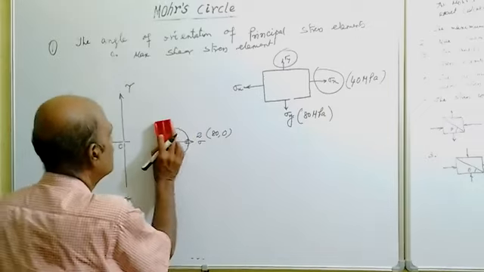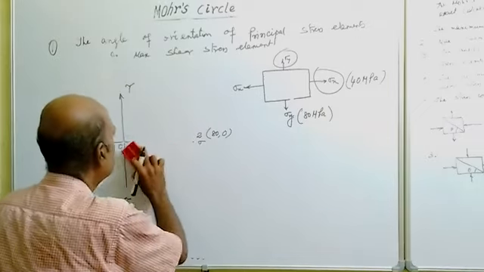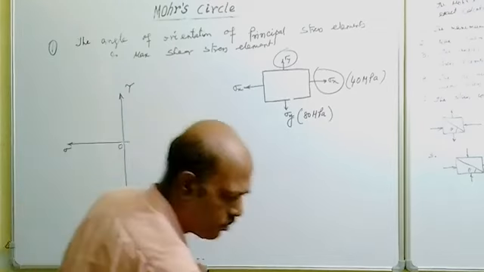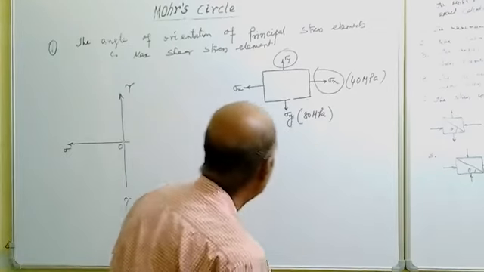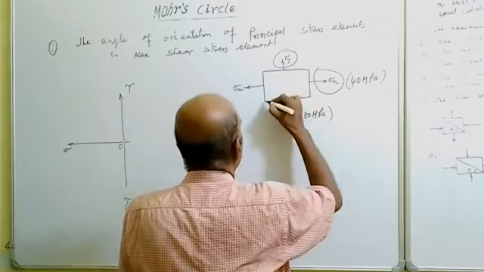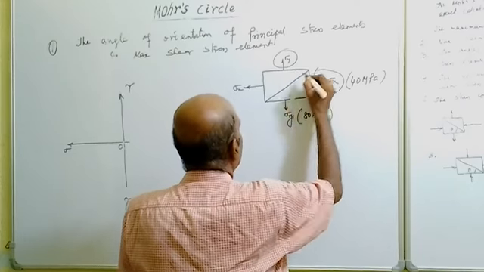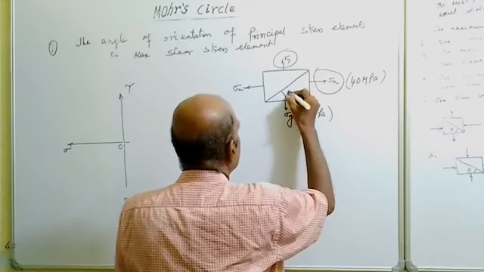Okay. So now next we will see the angle of orientation of stresses. For this, the condition remains the same, only one thing we will do, that is draw the plane. So let this plane make an angle theta here.